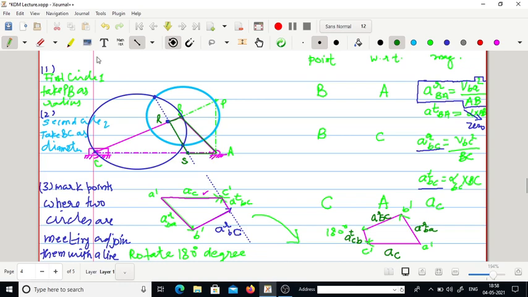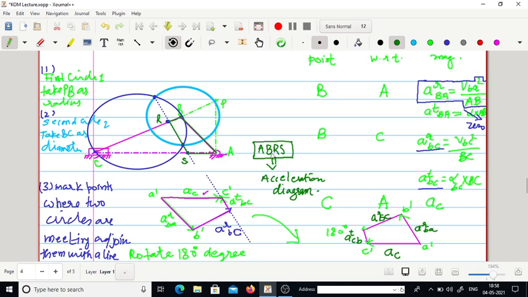So this new area, which is represented by A, B, R and S, represents the acceleration diagram.